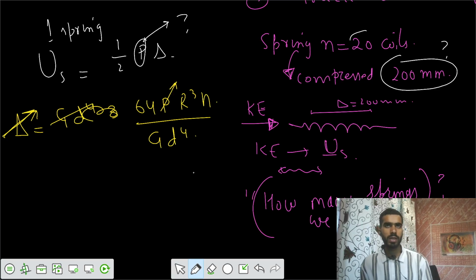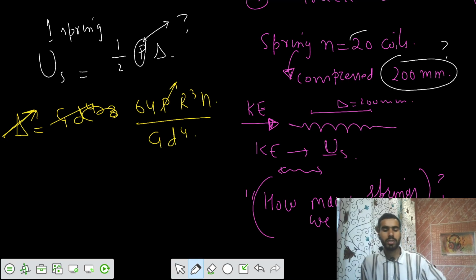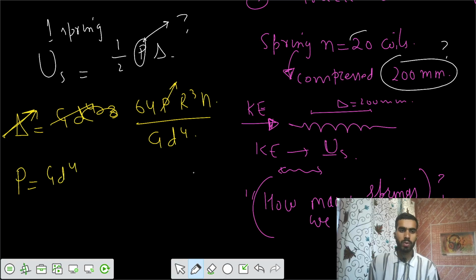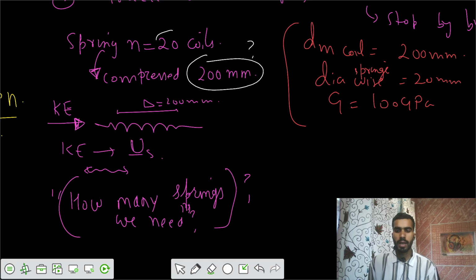For this amount of delta, there is some strain energy stored, equal to 1/2 of P into delta, P corresponding to that amount of delta. So this value of P would be equal to G d power 4 delta divided by 64 R cube N, and if I take those values, I can have the value of P.